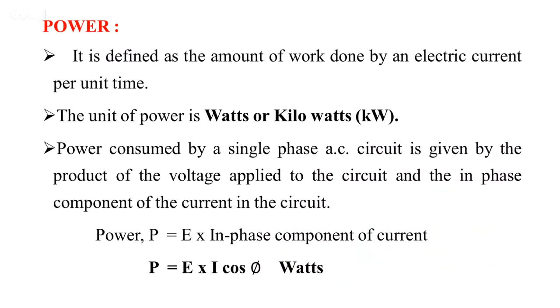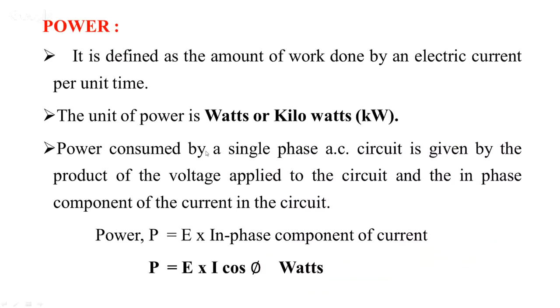Finally, we come to understand what is power. Power is defined as the amount of work done by an electric current per unit time. The unit of power is watts, the smaller unit, or the bigger unit is kilowatts.